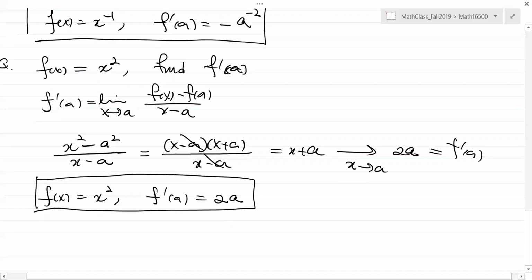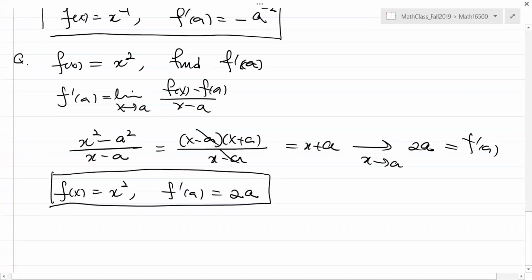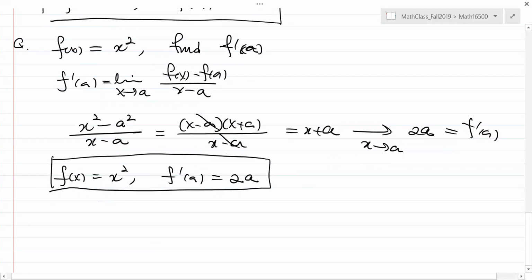How about x cubed? How about square root of x? Let's try the square root of x. X cubed, there's no new technique, there's no difference. So let's look at f of x equals square root of x.